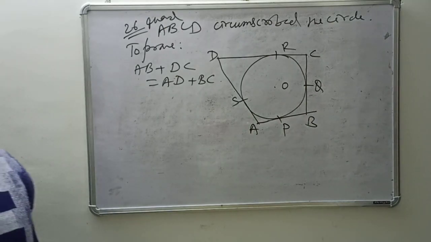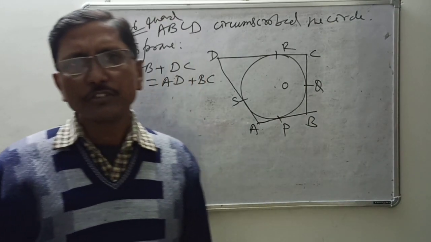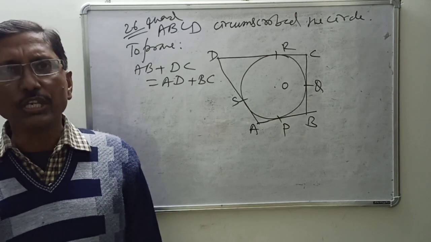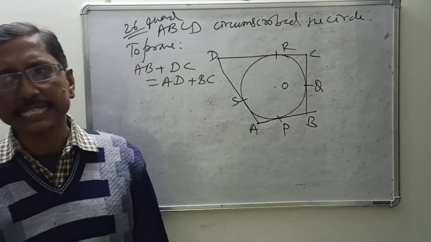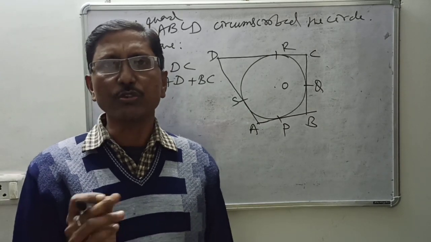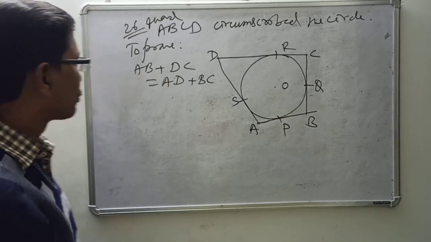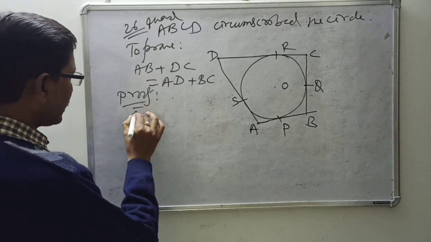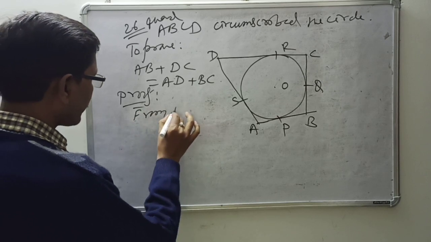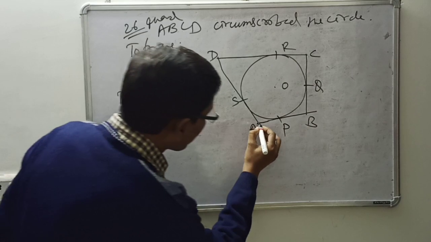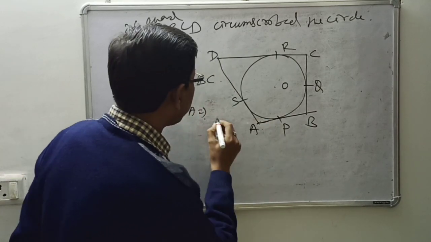So here also the same criteria are to be followed. If from any external point we can draw two equal tangents. First of all, you will say that, just like the previous one, we know that from any external point two equal tangents can be drawn. So here you can say from the point A, which are the tangents? AP and AS.